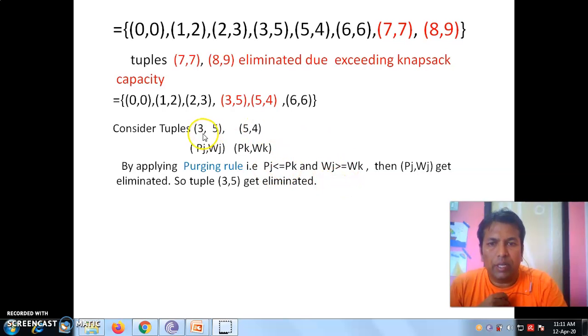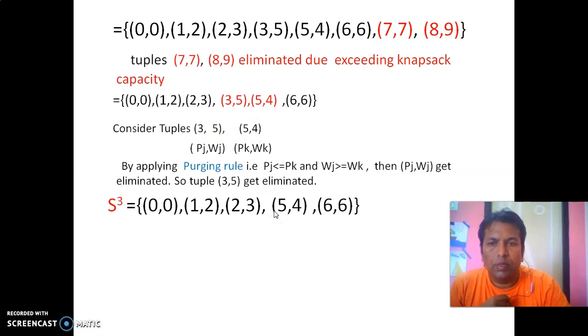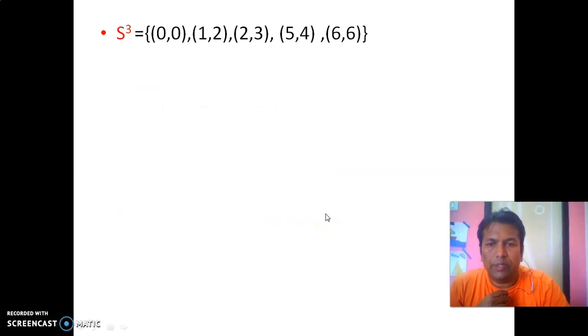Then the tuple Pj comma Wj gets eliminated. So the resulting set is 0, 0, 1, 2, 2, 3, 5, 4 and 6, 6.